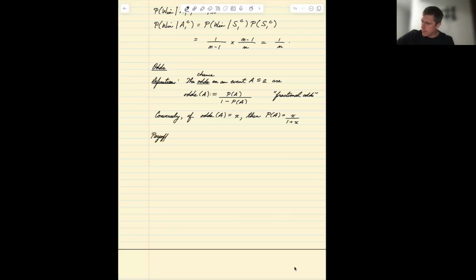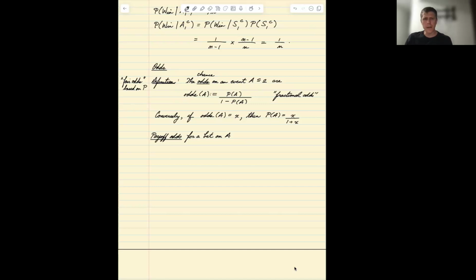Let's define the payoff odds for a bet on A. So I might also call these the fair odds, fair odds based on P. And we'll see why those are considered the fair odds in a few minutes.